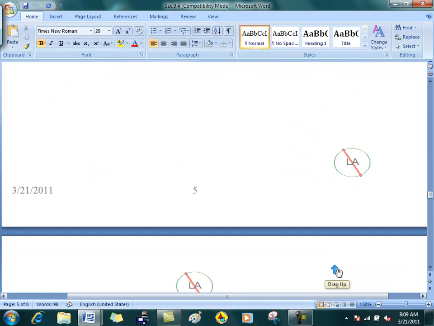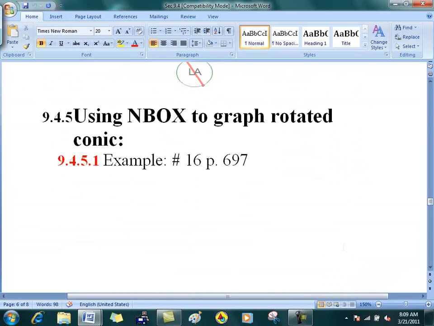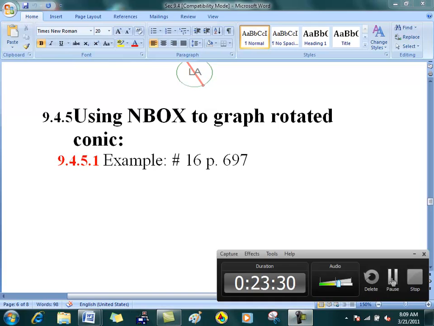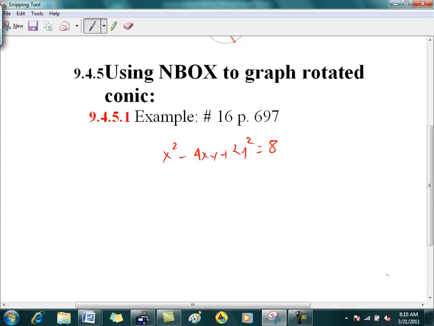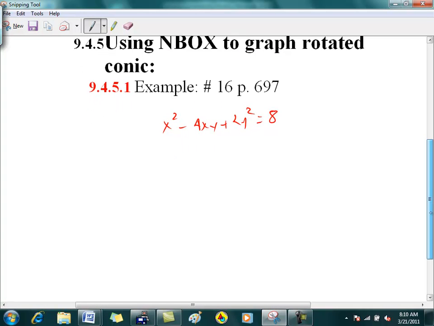Okay, what else? Using a graphing calculator to graph a rotated conic, number 16, page 697. So you guys need to have your textbooks open while I go get my graphing calculator out. It's asking you to graph this.